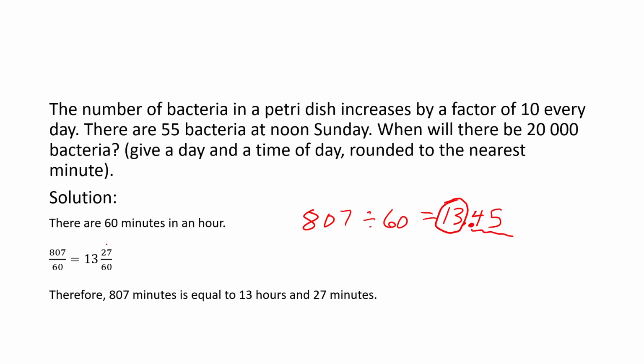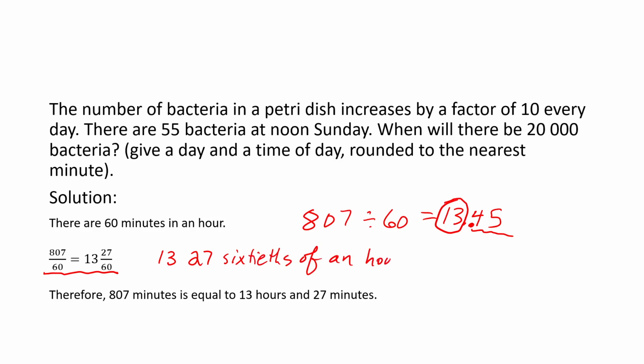A better way to express that is using a mixed fraction. 807 divided by 60 is 13 and 27 sixtieths. And what we're saying here, therefore, is 13 complete hours and 27 60ths of an hour. Well, what's a 60th of an hour? That's called a minute.